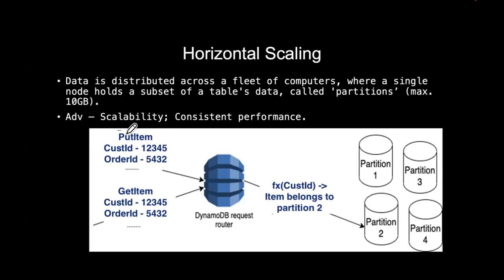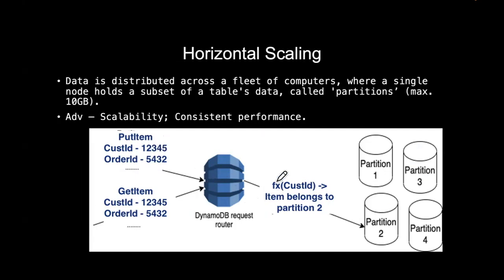And so, for example, if you want to write an item to a table, the command in DynamoDB is to put an item. So let's suppose we want to put an item and we specify the customer ID and the order ID. If we stick with that example, there's a particular part of the DynamoDB service called the request router. What it does is it takes the item, it identifies the partition key part of that item, which in this case is customer ID.